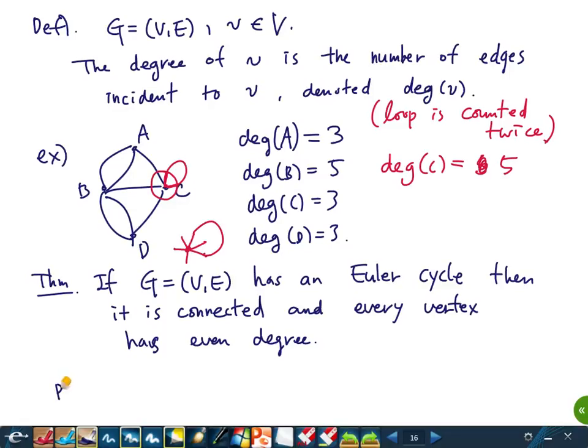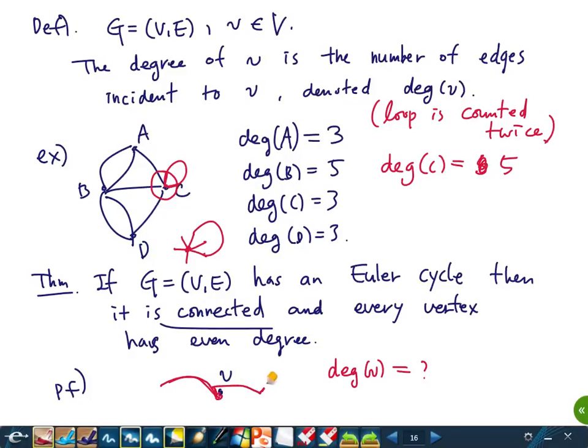Why? A proof is quite simple. The first one, connected, is obvious, because you have to use all the vertices. I'm going to tell you very briefly why it should be even degree. Consider just one Euler cycle, and it will use all the edges, right? Just focus on one vertex V and consider what the degree of V is. Because it's an Euler cycle, this cycle will enter this vertex V at some point, and then it will leave.